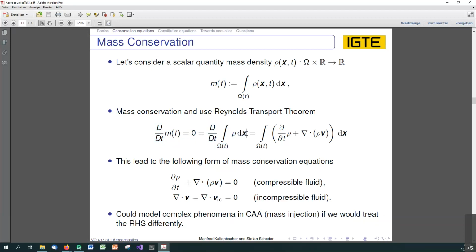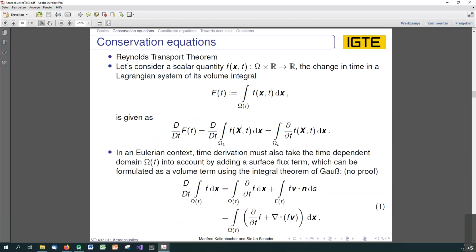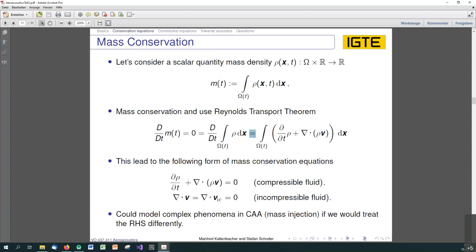Very similar to what we had already at the definition of the Reynolds transport theorem. Then we can just apply the Reynolds transport theorem and arrive at the total change of mass being 0, and we can rewrite the whole thing with this equation.